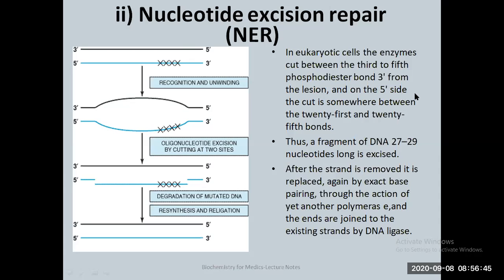In eukaryotic cells, the enzymes cut between the third to fifth phosphodiester bond from the 3' end of the lesion and on the 5' side. So basically, the cut is between 21 to 25 bonds, and thus a fragment of 27 to 29 nucleotides is excised.